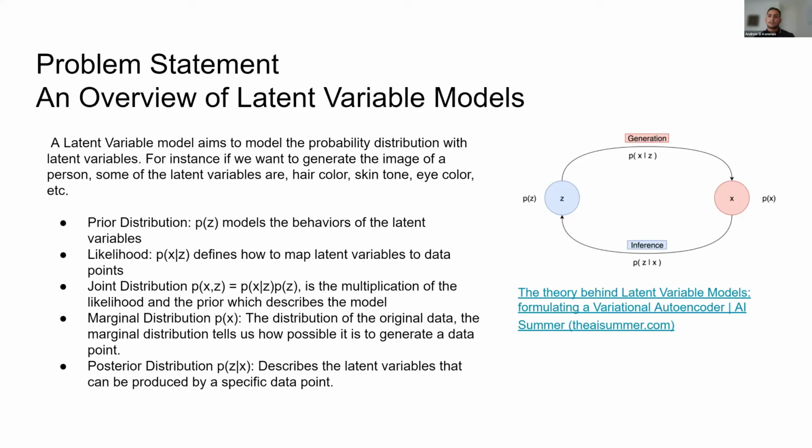And then the other way, we want to be able to perform inference where we use the original observed data, and we can come up with a series of latent variables. So we use a posterior distribution to describe how latent variables can be produced by those specific data points.